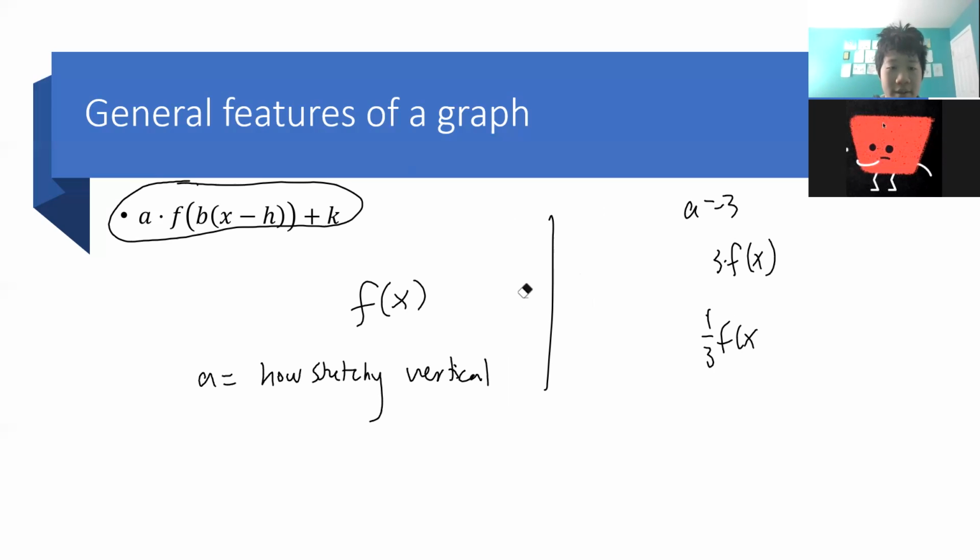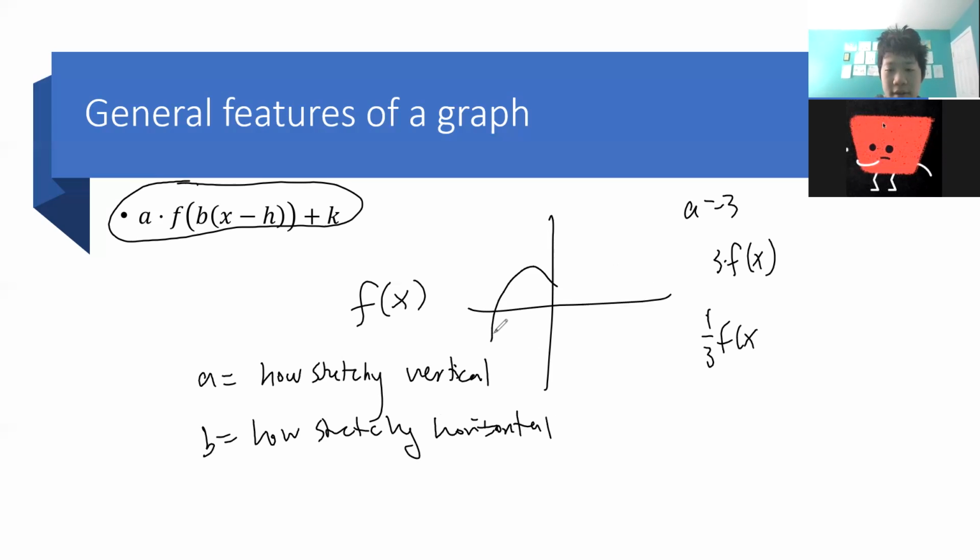B, on the other hand, is how stretchy it is in the horizontal direction. So let's take f of x again. The key here with anything inside the parentheses is that it's opposite of what you expect it to be. So with f of 3x, we would expect this to stretch it in the horizontal direction, but it doesn't.